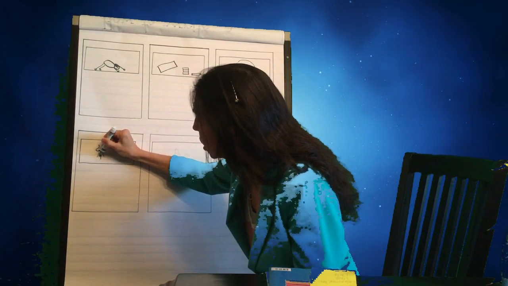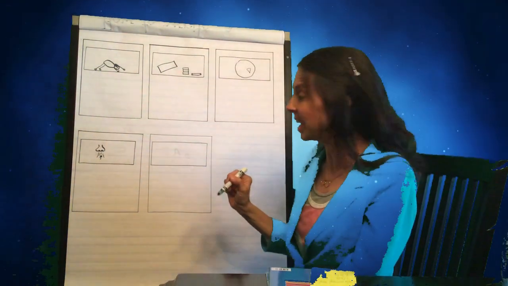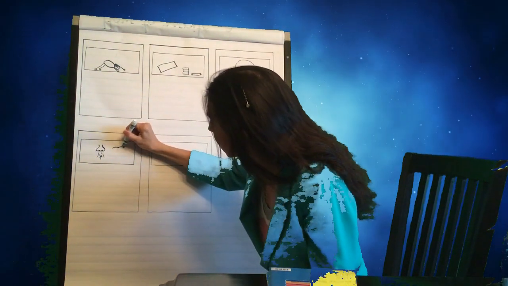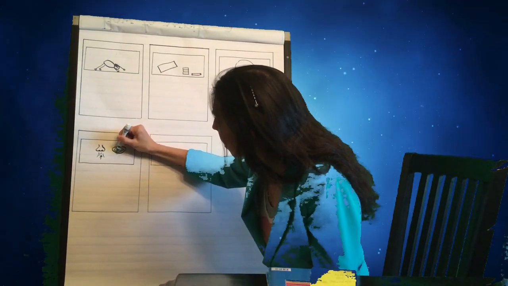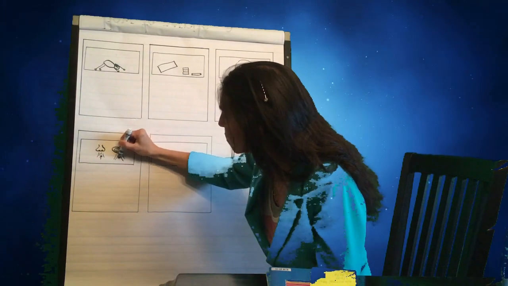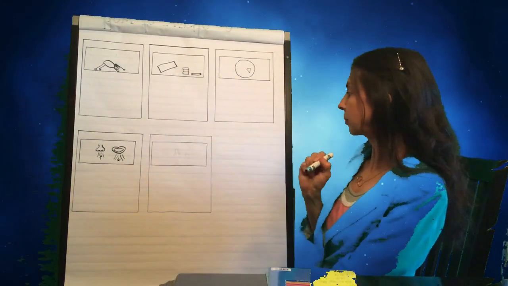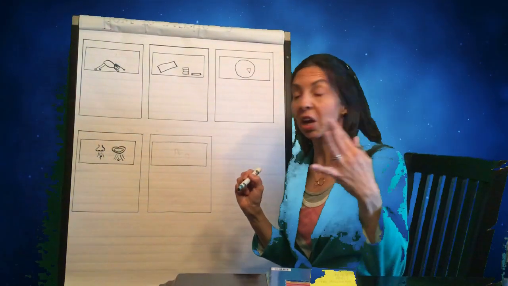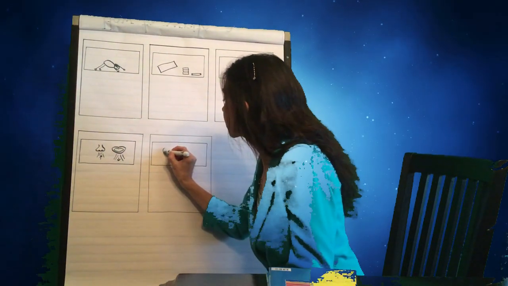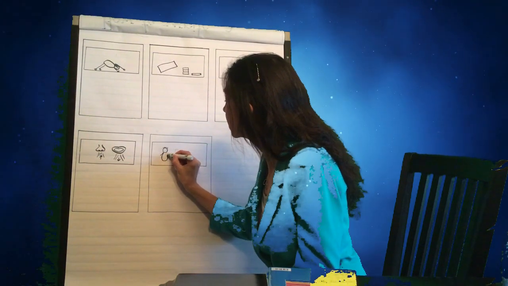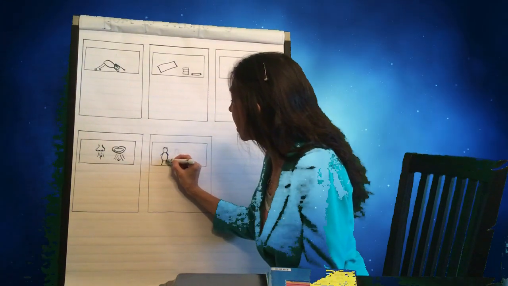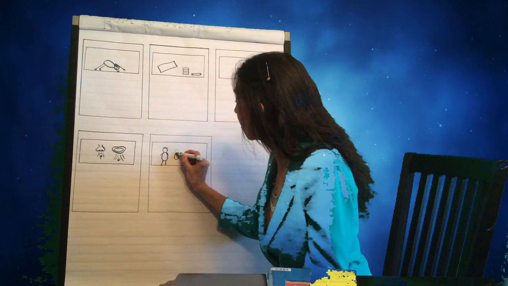So there's my nose with air coming in, and here is my mouth with my air or breath going out. And my fifth finger, the one I'm most excited about, is that I really would love to teach that yoga is for everyone.